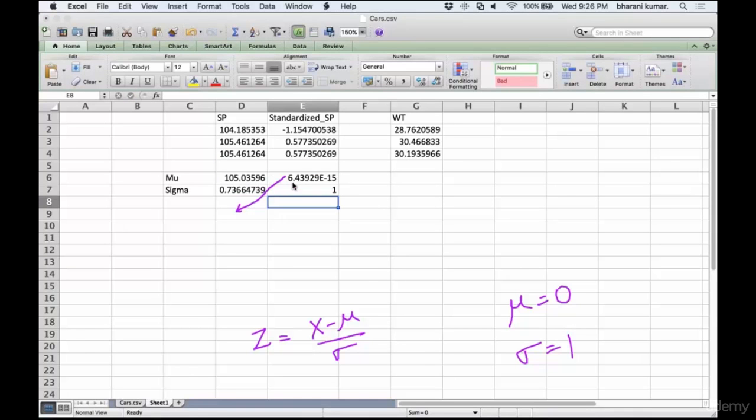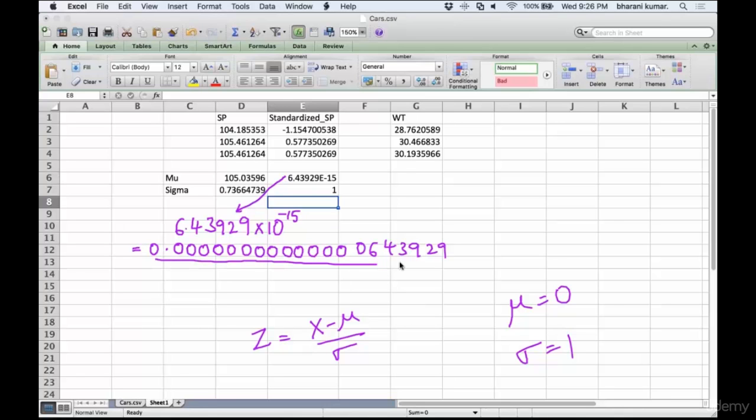If a value is very lengthy, Excel is going to condense it using this E. How do you write this? 6.43929 multiplied by 10 raised to the power minus 15, and that is equal to 0.123456789101112 13 14, and then you get your values.